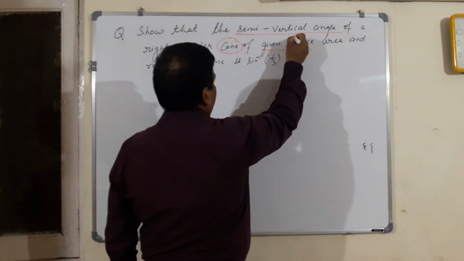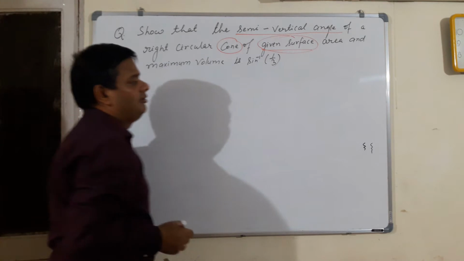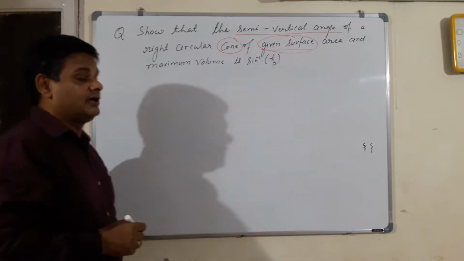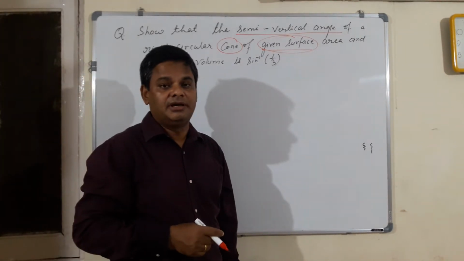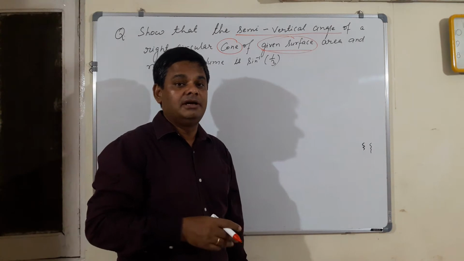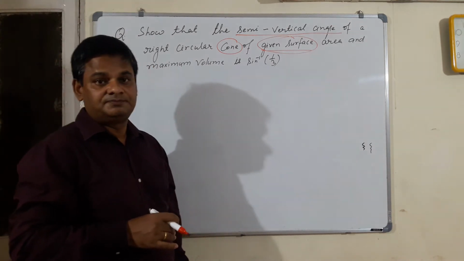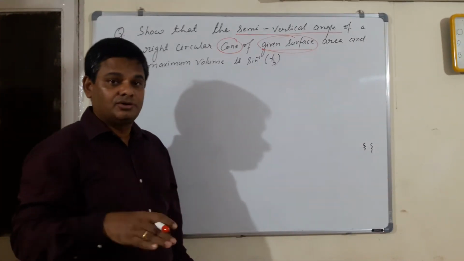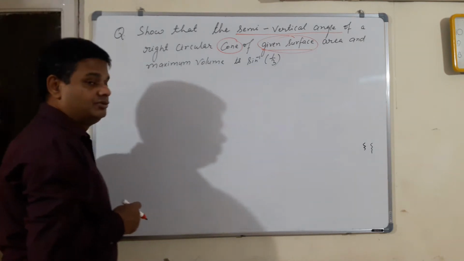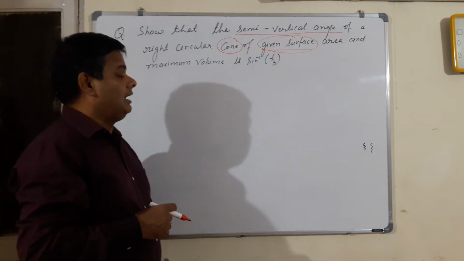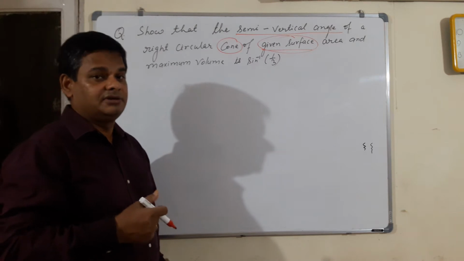The surface area of a cone is given, which means the area is constant. So utilize the area and convert it into a single variable.